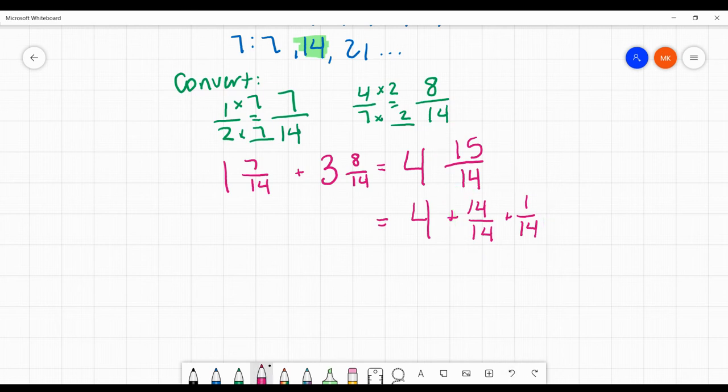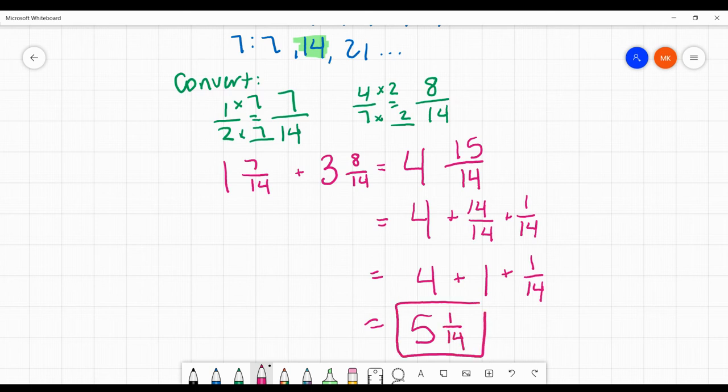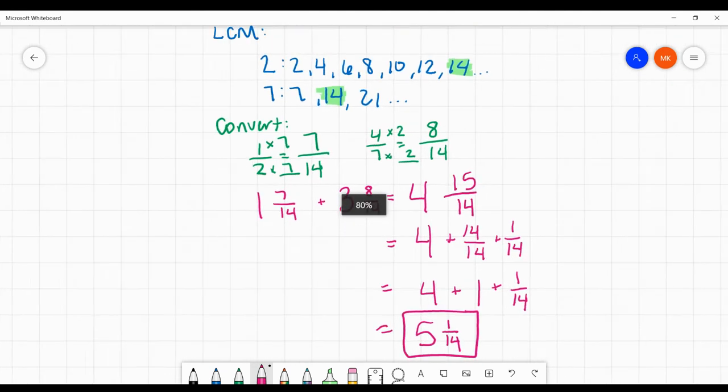The reason I split it is because I know that 14 over 14 is one whole. So I'll carry down the rest of my numbers, and then I will add. 4 plus 1 is 5, and I have 1/14 left over. So my final answer is 5 1/14.